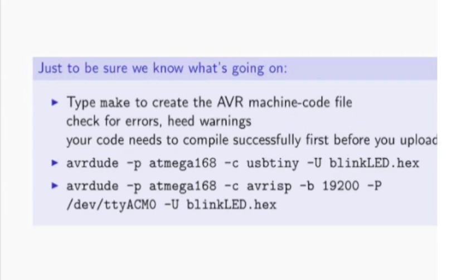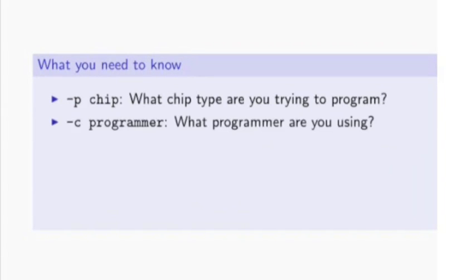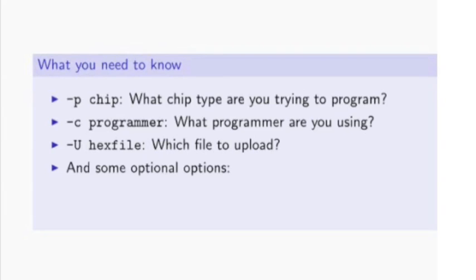People on Windows, that string that reads dev tty acm is going to be COM3, COM4, or COM5, something like that, depending on where it's attached. The options you need to know are the chip type, which is under P, the programmer type, which is under C, and then the hex file. Alternately, those serial options I just mentioned before.